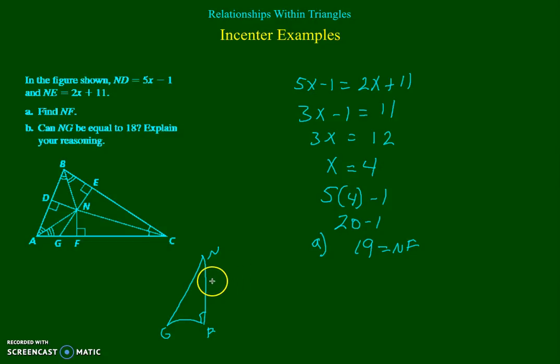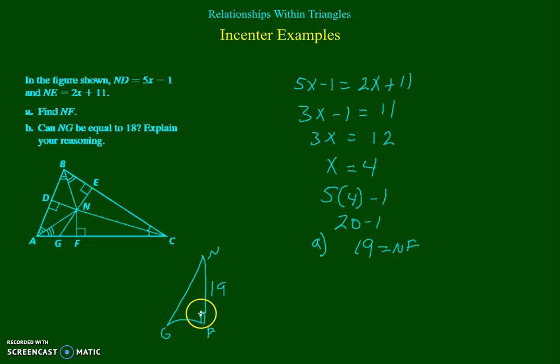Well, we just found out that NF is 19. And in a right triangle, the longest side is the hypotenuse. And so this side can't be less than this side in order for this to be a right triangle. So the answer would be no, this can never be 18 because it has to be greater than this distance.